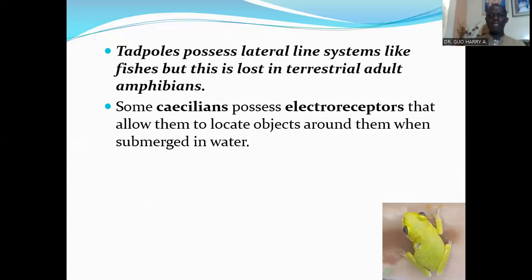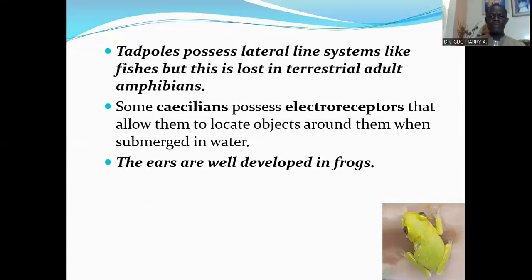Some caecilians possess electroreceptors that allow them to locate objects around them when submerged in water. These receptors are sensory organs that enable them to locate objects around them when they are submerged in water.